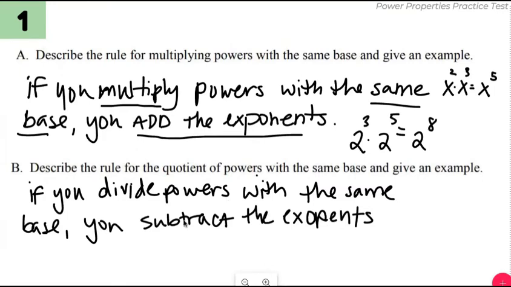And when you're looking for your example, you can use variables, or you could use numbers. Either way, you want to show an example of that property.